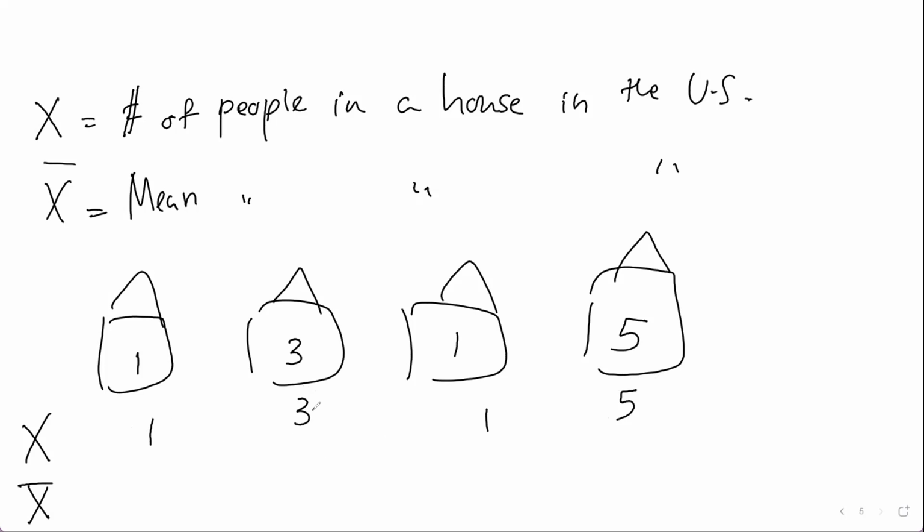That is 3 plus 1 plus 1 plus 5, which is 10, and 10 divided by 4 is 5/2, that is 2.5. So x bar is 2.5. Basically this, right?